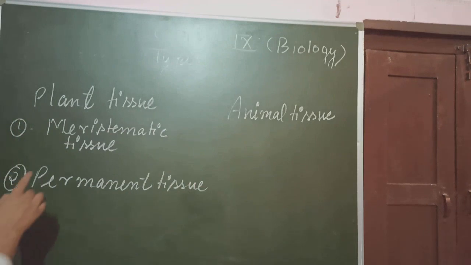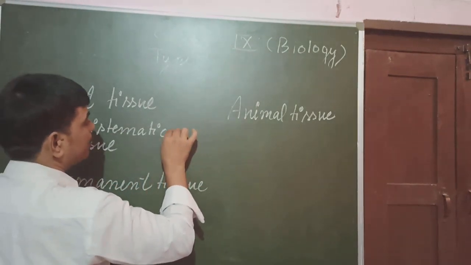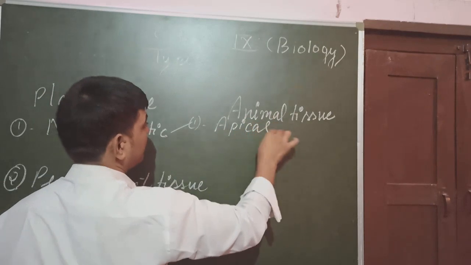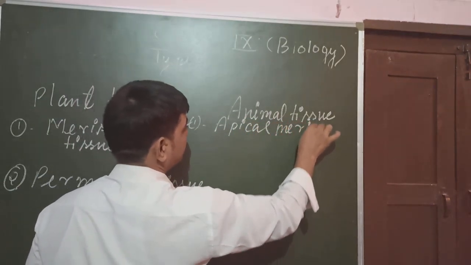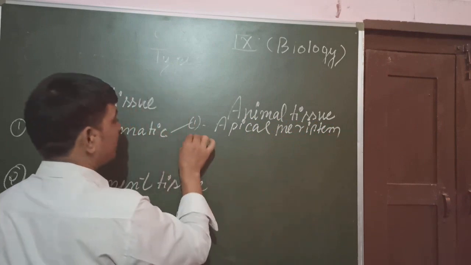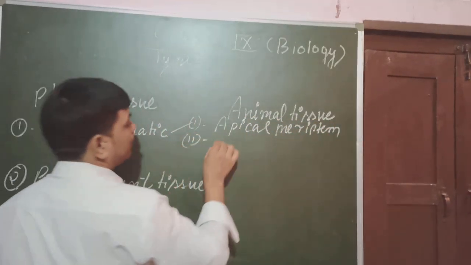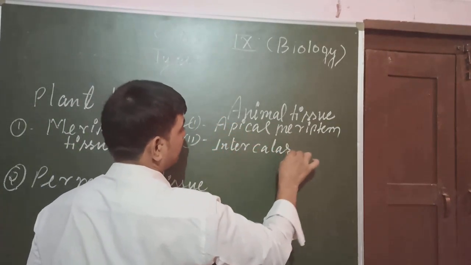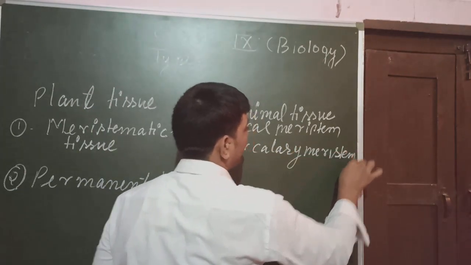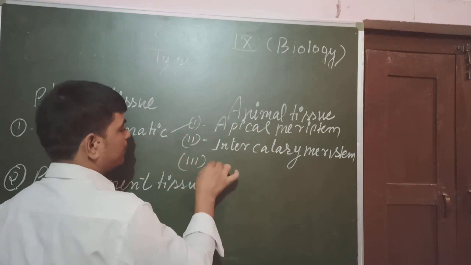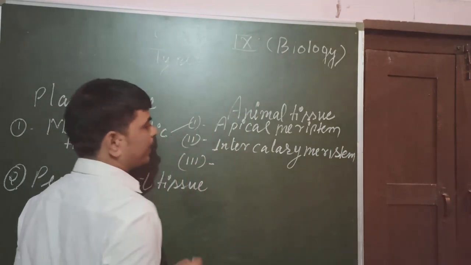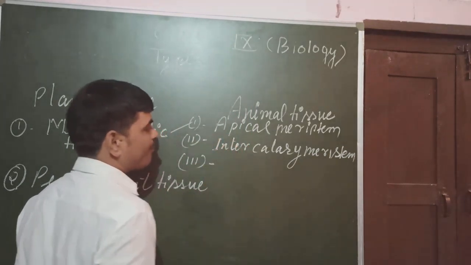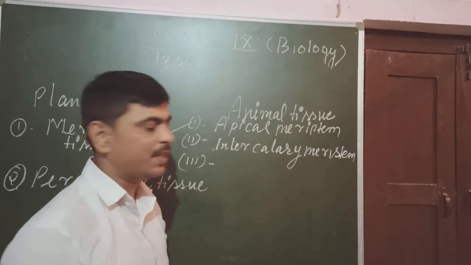Okay, this meristematic tissue can further be divided into apical meristem, intercalary, and third you can take the lateral meristem.